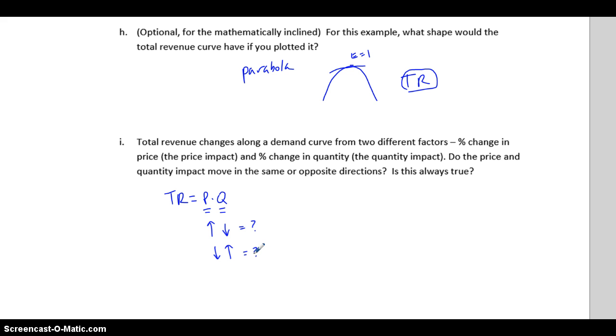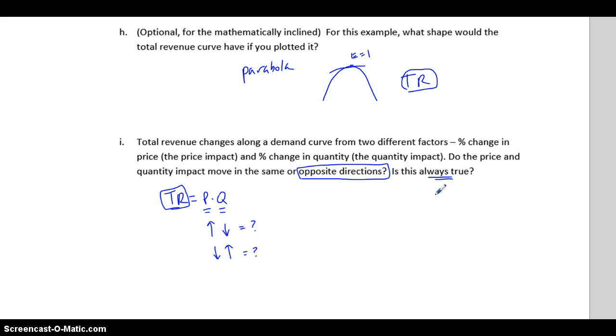And so it turns out that elasticity is the clue that's going to show us how that works. So for this question, I'm just asking you to notice that any time we're thinking about total revenue, we have to worry about these 2 different impacts, the price impact and the quantity impact, and they do, in fact, move in opposite directions.